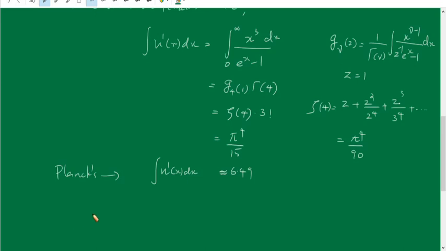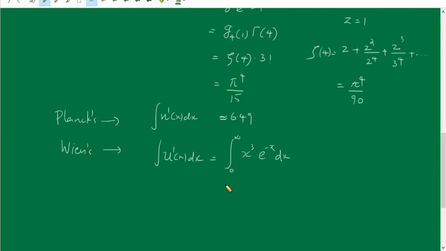In the case of Wien's law, in the case of Wien's curve, the integral of u dash of x dx is equal to the integral of x cube e raised to minus x dx from 0 to infinity.